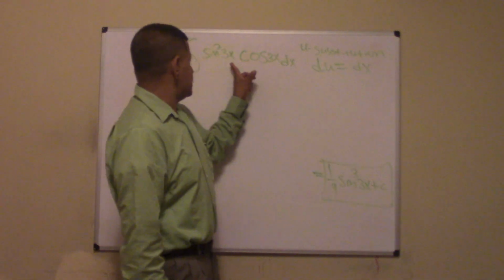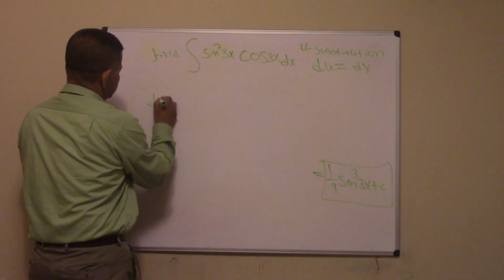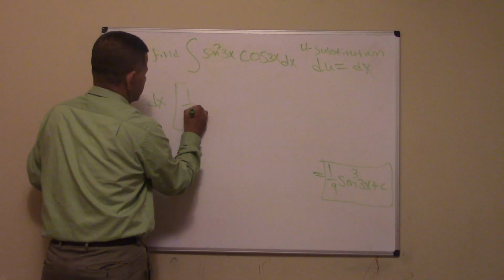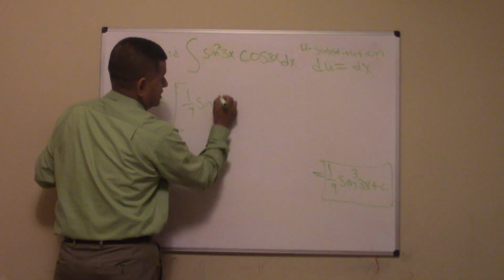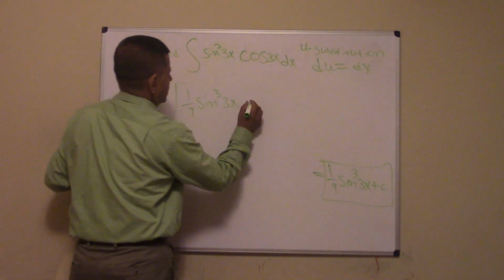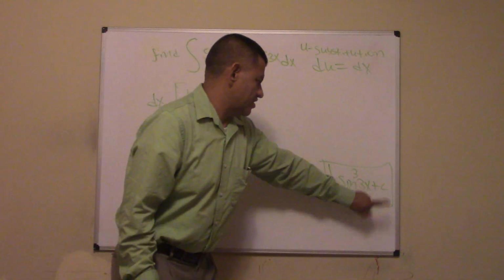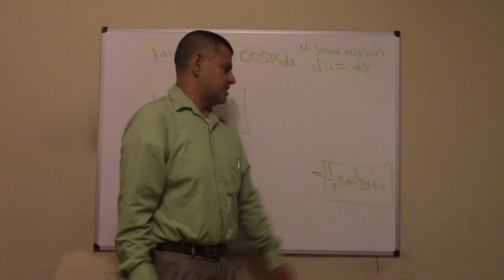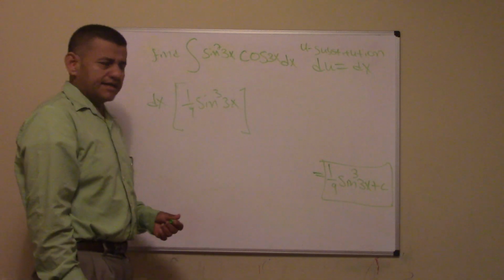And see if I get this expression, okay? So d/dx of 1/9 sine cubed 3x. I don't bother writing the plus c because it doesn't really matter anyway, because it's just a constant. We don't even know what c is, it can be anything.